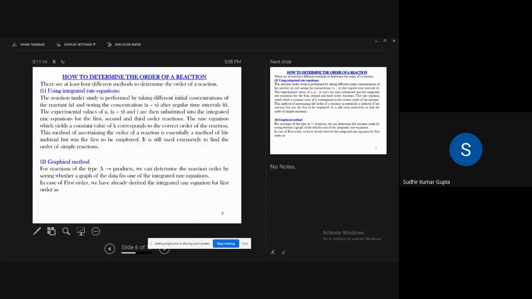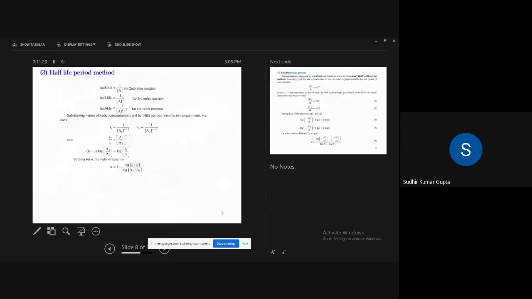For the first order reaction we know that t half is equal to 0.693 upon k. So it is not depending on the concentration.